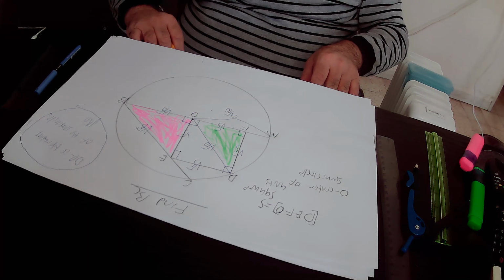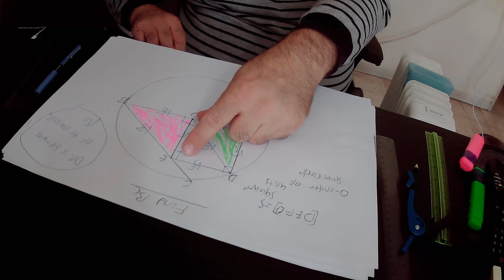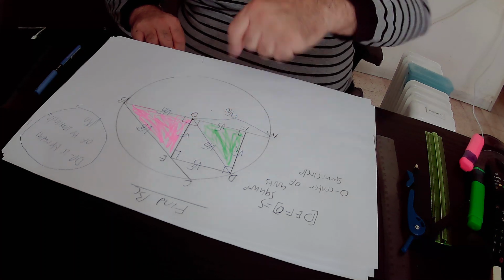In the next step, we'll extend line segment OE on both sides, in the upper side and in the lower side.